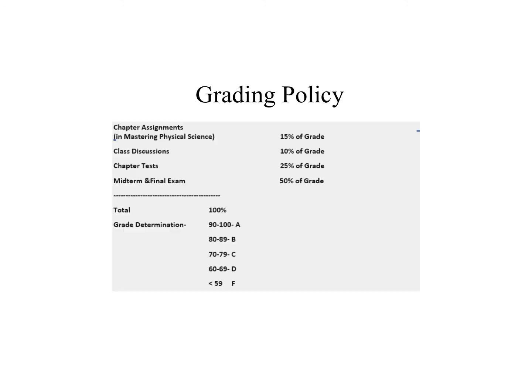Okay, last but not least, I have the grading policy. I just wanted to show you how the grades are going to be broken down over the course of the semester. The first thing is that, as I've mentioned, you have homework. So there's going to be reading assignments. You're going to read a chapter, and then you're going to access the Mastering Physical Science homework system, and you're going to do an assignment.